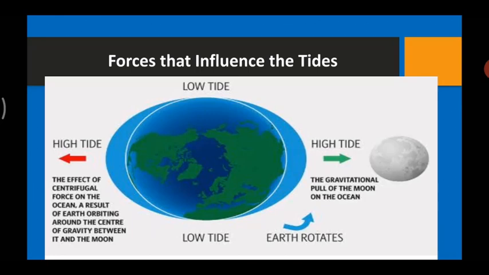Tides are the periodic rise and fall of surface water caused by the gravitational force of the moon and the sun and by the rotation of the earth. The movements of the solar system that influence the tides are predictable. Therefore, changes in tides, that is the height and time, are also predictable.